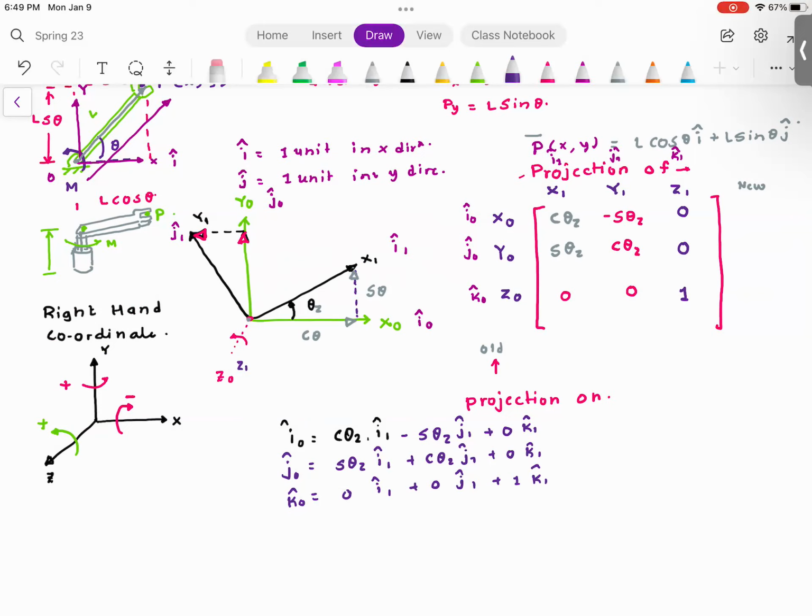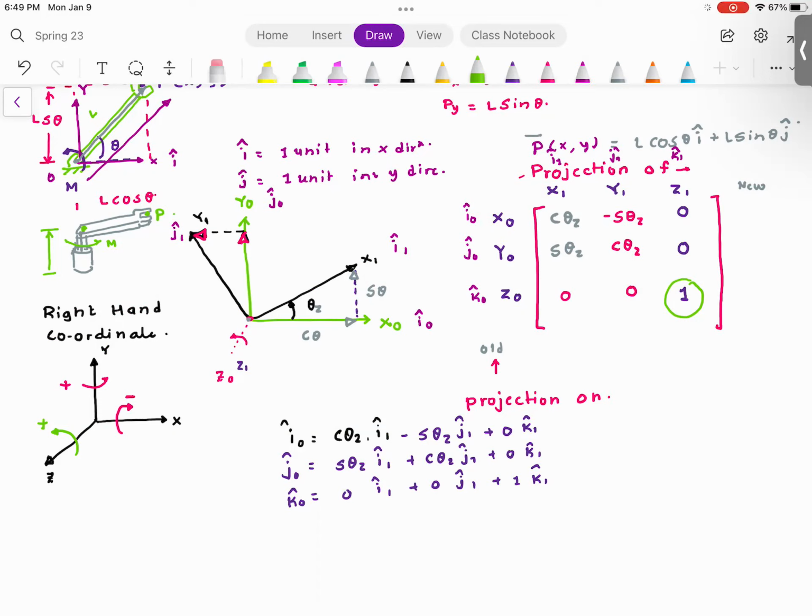Everyone understood this? This is nothing but the transformation that will take us from one coordinate frame to the other coordinate frame. Now, one thing I want you to notice is that since the rotation is about z naught, we get 1 at the diagonal.